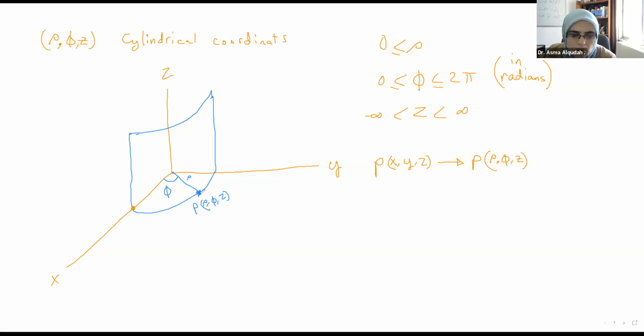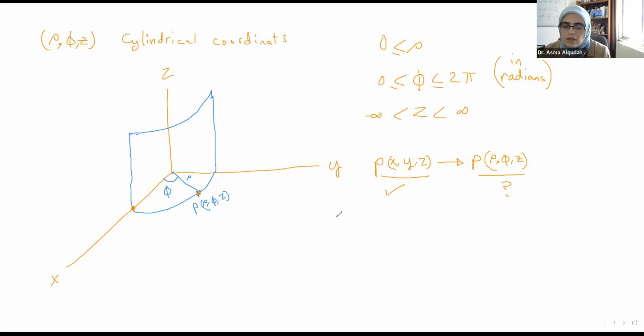This same point P, one time I'm representing in terms of x, y, and z, and then I want to transform its components into the same point with a different representation, which is in the cylindrical system. So the known components are the ones in the Cartesian space, and the unknown components are the ones in the cylindrical system.